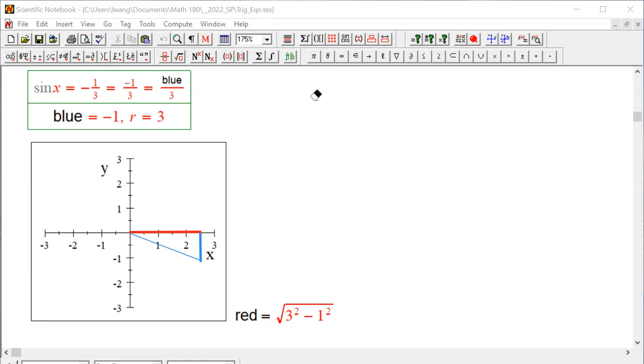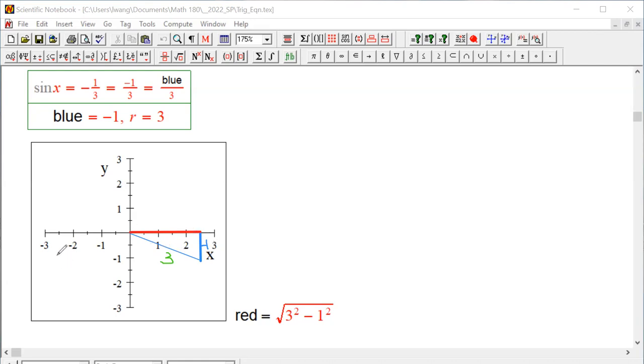I try to use the color coordination. And the hypotenuse is 3, blue over 3. I'm sorry, this is -1. This is -1, my bad.